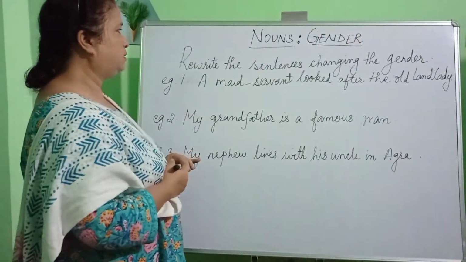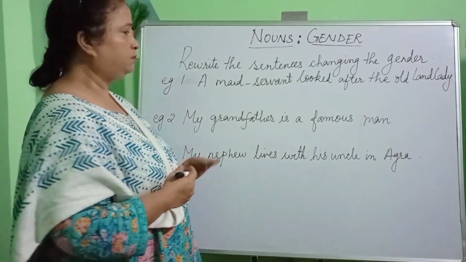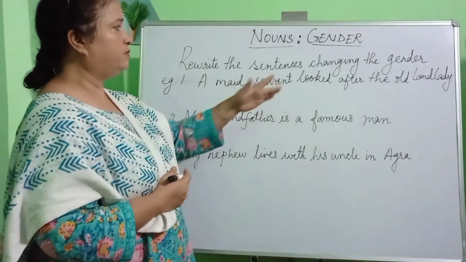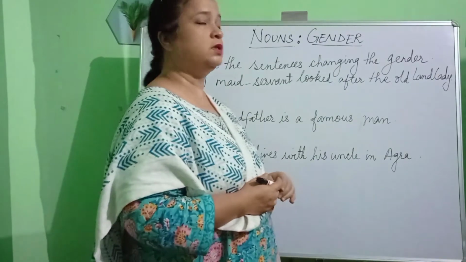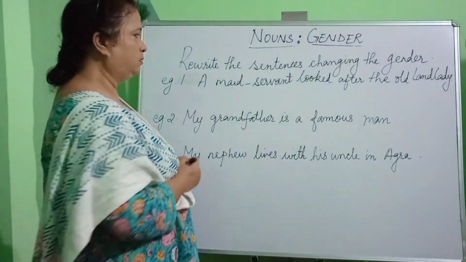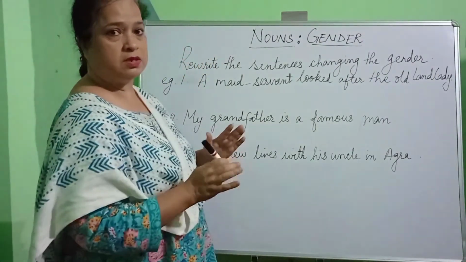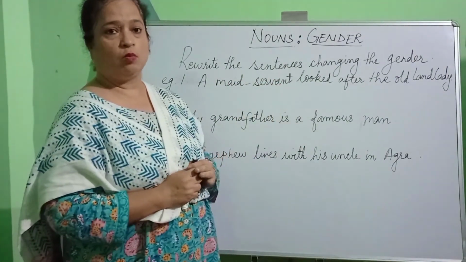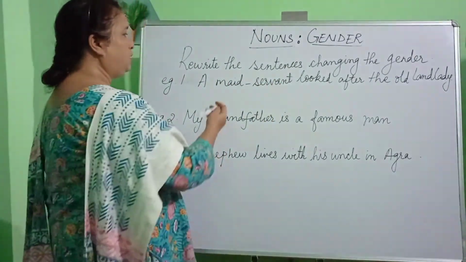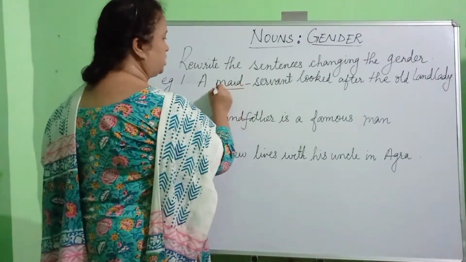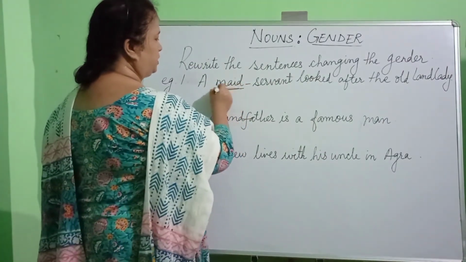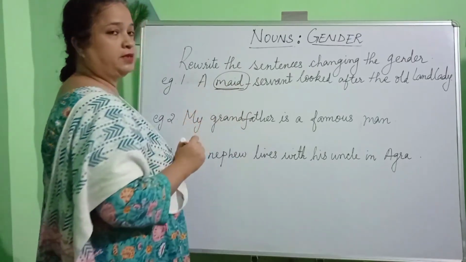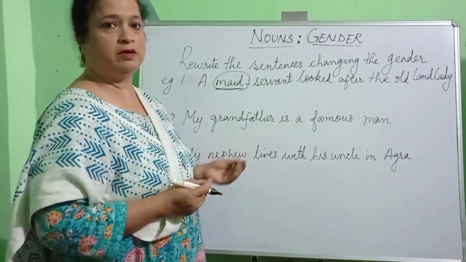Let us have a look at these sentences that I have written. A maid servant looked after the old landlady. Now, as I told you, compound words are made out of two words. In this, what do we need to do? We need to change the gender, whether it is in the masculine form or in the feminine form.